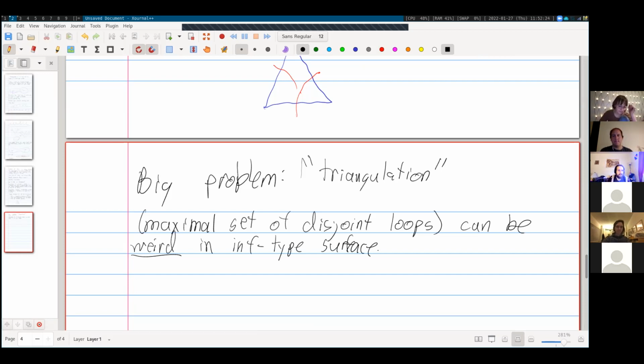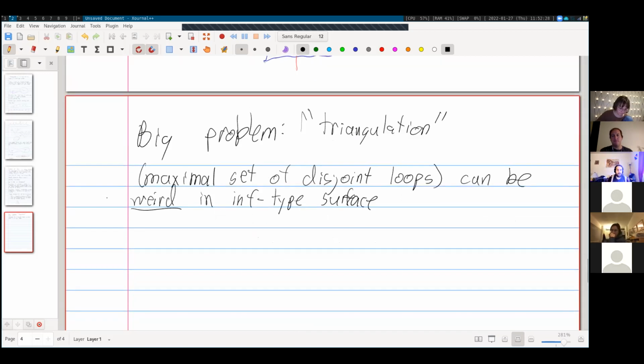And maybe since it's countable, I don't even need Zorn's lemma, but I don't want to try and think about those things. But these things exist. But because there's room for topology on this surface, you're going to have some complementary regions that aren't triangles.